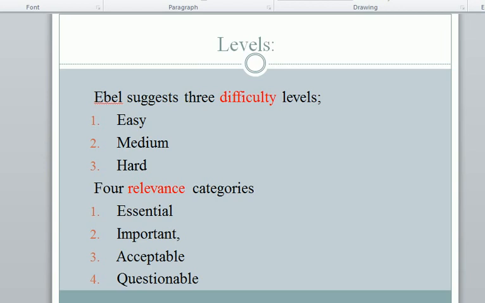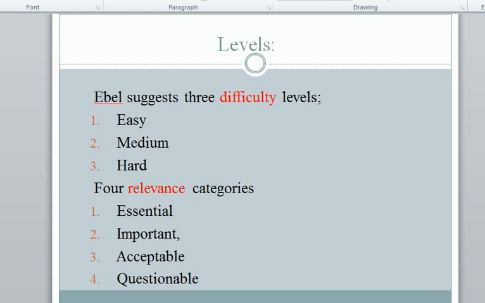It means those items which may be most difficult or most irrelevant to the test are questionable and should be eliminated, excluded from the test. So dear students, these were the two criteria on which each item is analyzed and then a decision is made about that item.